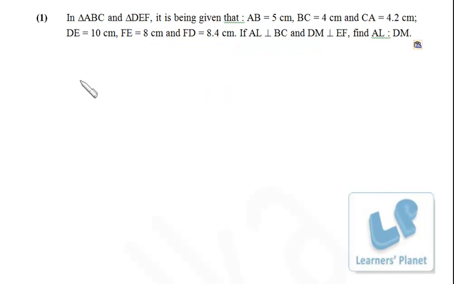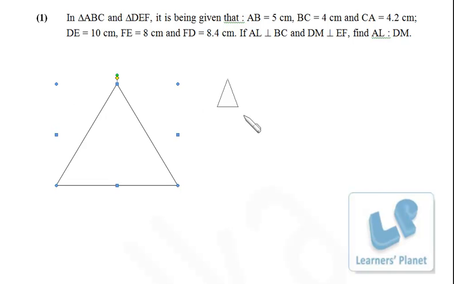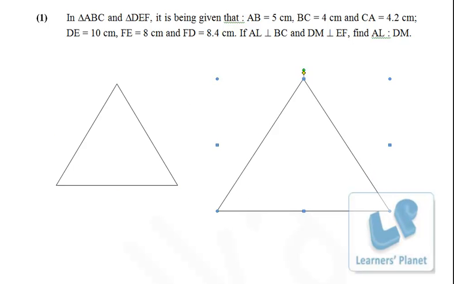Now the first question: in triangle ABC and DEF, it is given that AB is equal to 5, BC is equal to 4, CA is equal to 4.2, DE is equal to 10, FE is equal to 8 and FD is equal to 8.4.